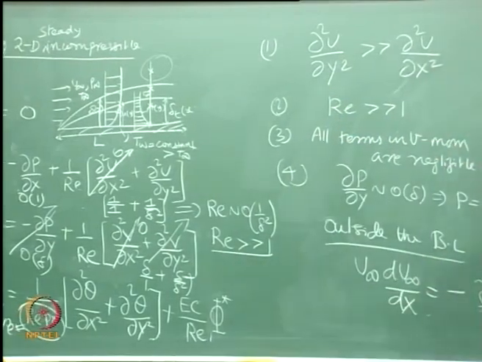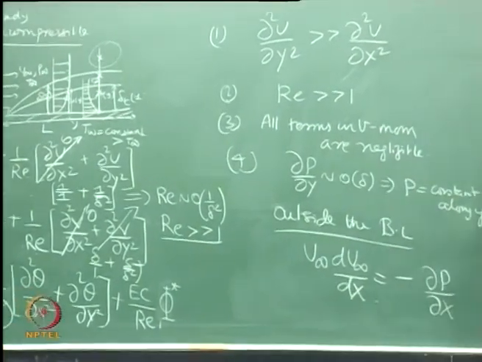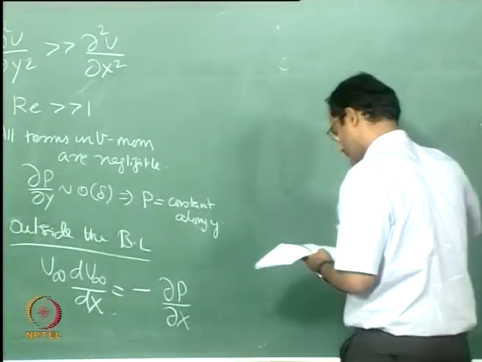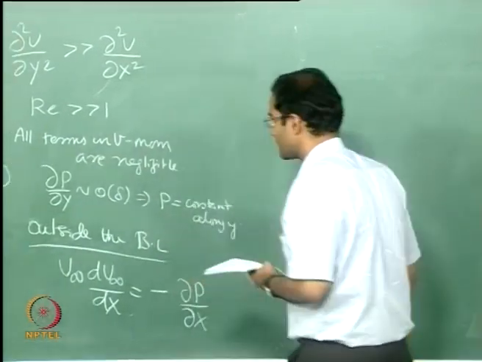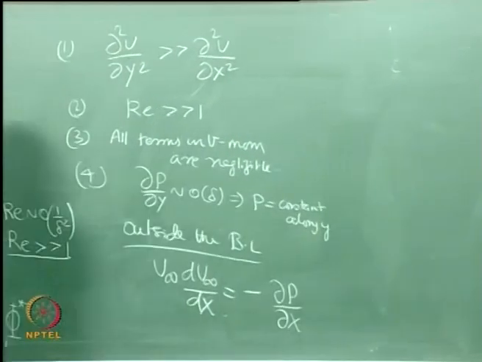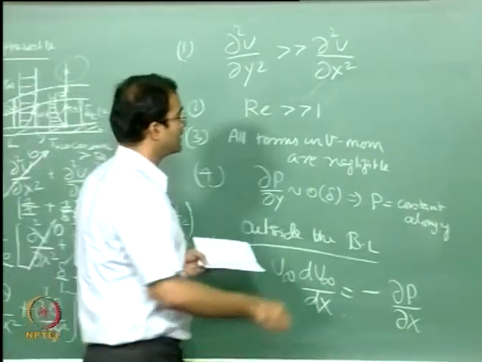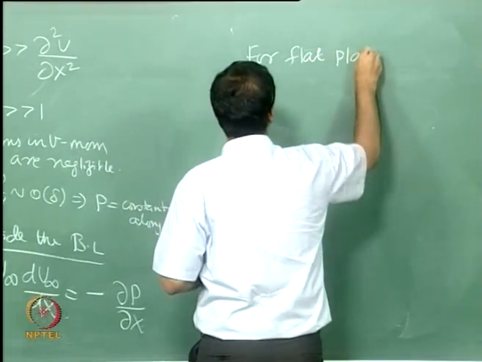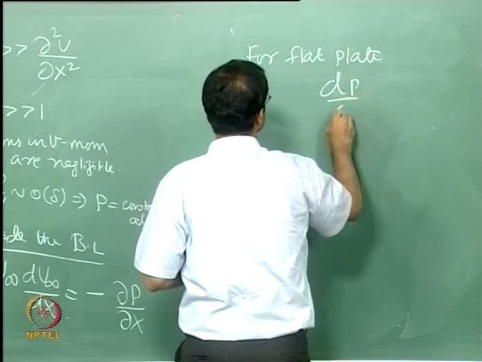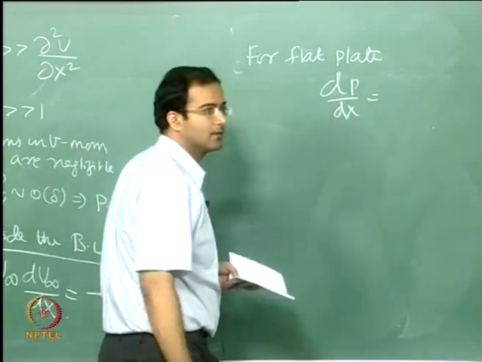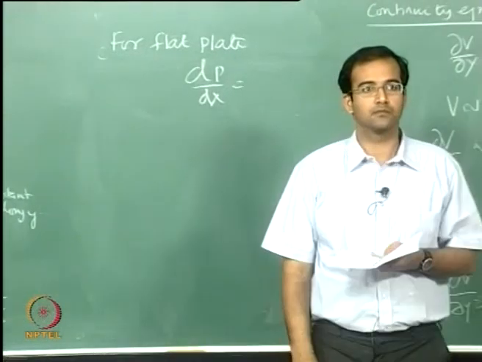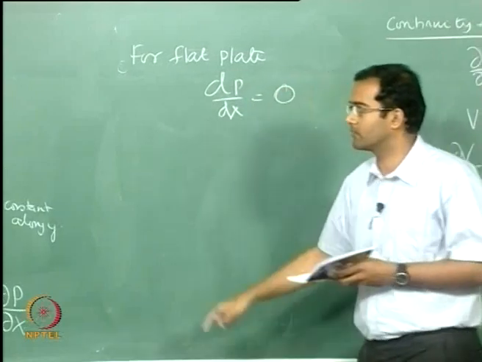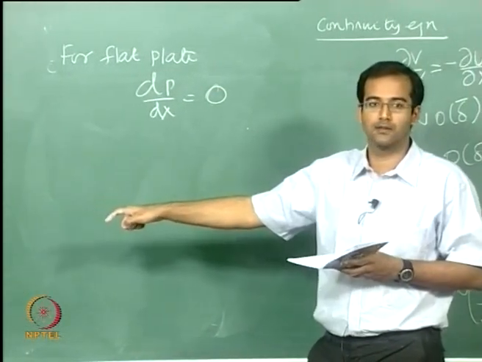If you do not have any velocity variation, that is for the flat plate flows that we are looking at now, you can safely say my dp by dx is what? 0, because my free stream velocity is not going to vary.